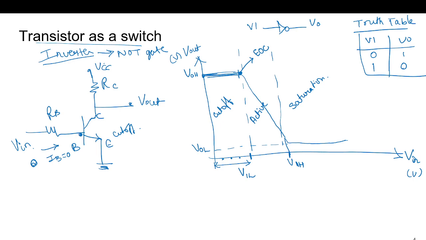this base potential will start to conduct slowly and you will get a path to discharge to ground slowly. So when it is in the active region, region 2, you will see there is a path.